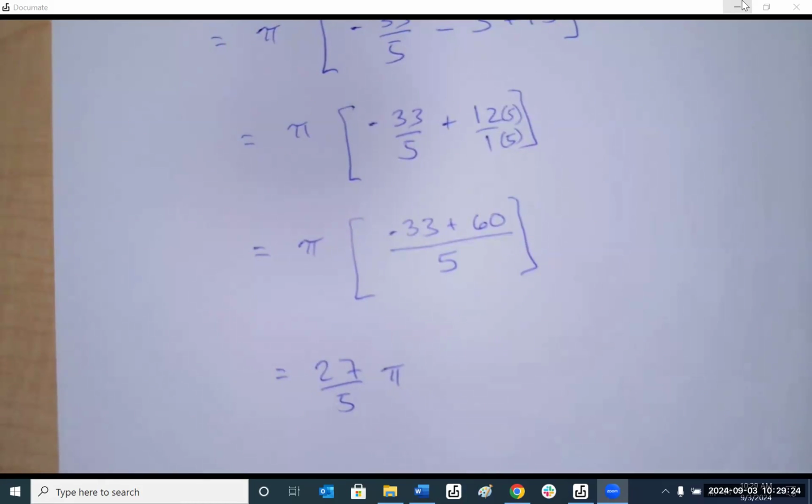Now go back and check, make sure I did everything correctly. Hmm. 6 over 8 minus negative 2 to the 5th.